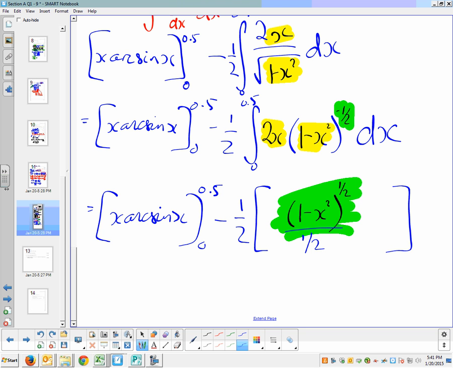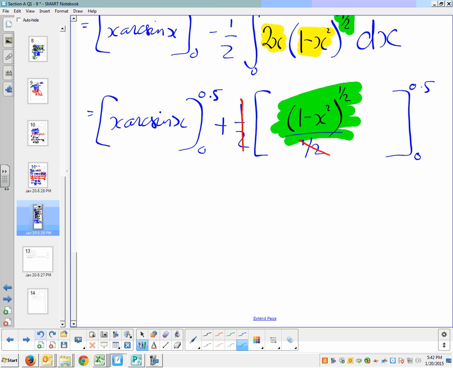Now if you differentiate that, you get a half will come down, 1 minus x squared to the minus a half multiplied by whatever this differentiates to, which is minus 2x. So in fact there's a minus sign missing as well, which is why we check. These halves will cancel, so I don't need to worry about them because one's divide and one's multiply, and don't forget your limits.